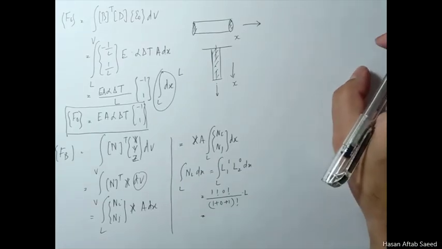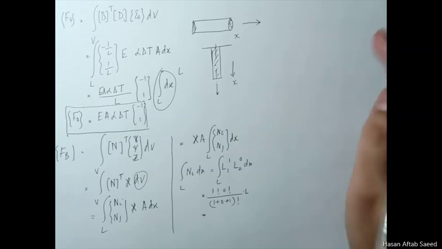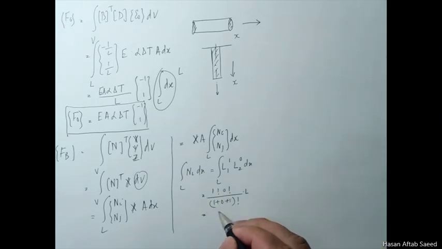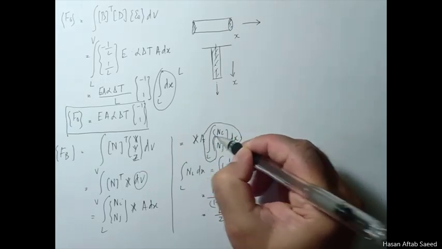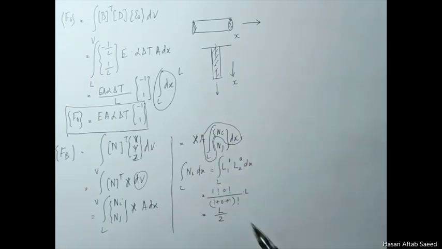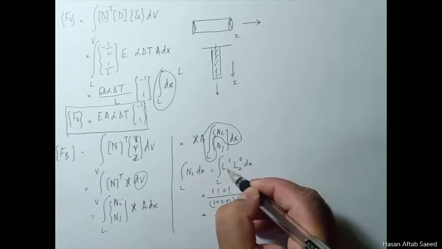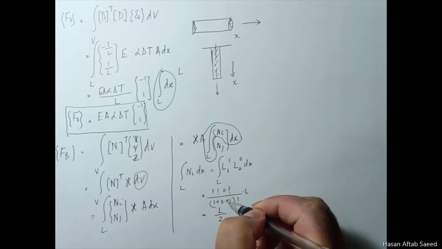Very simple for us. As long as the element is simplex, the integration is no problem. So this comes out to be actually L over 2. And this Ni dx comes out to be L over 2. Then this thing also comes out to be L over 2. Please confirm this. Because it doesn't matter if L1 has power 1 or L2 has power 1, the result will be the same.